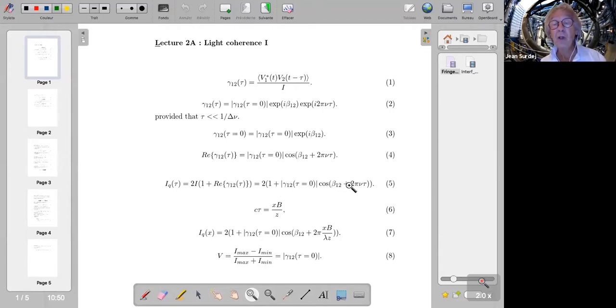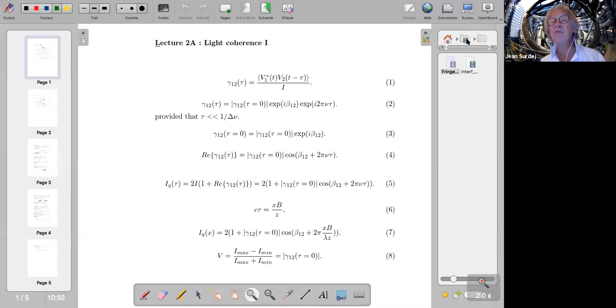If you just insert this expression into this one, you end up with this representation of the distribution of light in the observer screen. And we see that the visibility is equal to the module of the complex degree of mutual coherence.